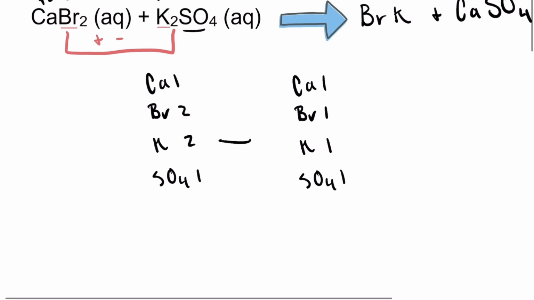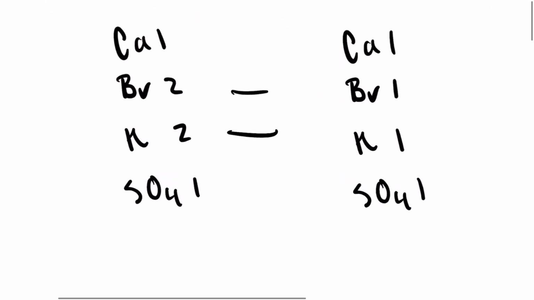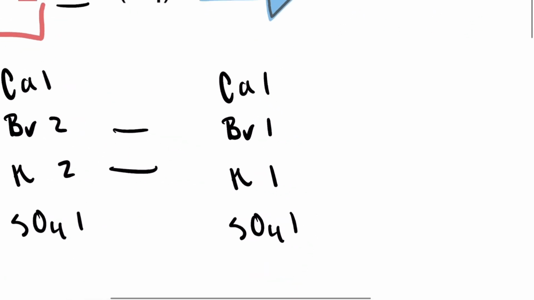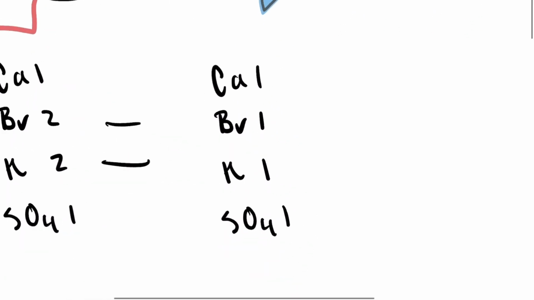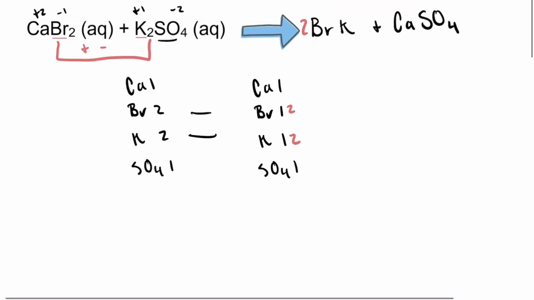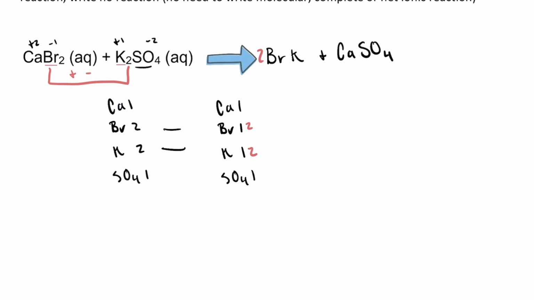So we can see that this equation is not balanced, but that is an easy fix because we need 1 more bromine and 1 more calcium, and it just so happens that they're already together, which helps us out. If I add a 2 in front of the potassium bromide, that means there are 2 bromines and 2 potassium atoms, which makes this equation balanced.